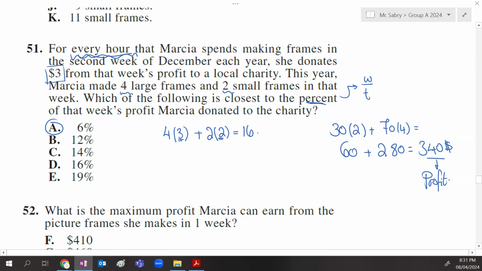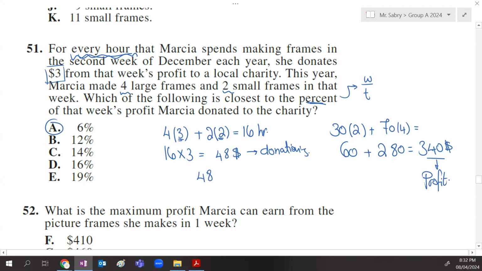That gave a total of 16 hours. She'll spend $3 for every hour, so it's 16 times 3, which is $48 donations in total for this week.